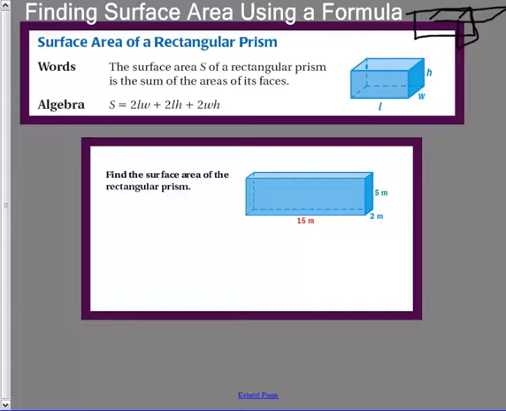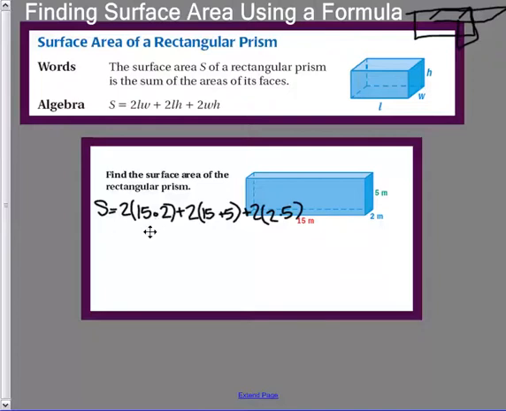All right, so let's try this one. Find the surface area of the rectangular prism. We've got the formula listed here, so we need 2 times the length times the width, which would be 15 times 2. We're going to add to that 2 times the length times the height, which would be the front and the back sides. And then we need 2 times this side, which would be 2 times 5, and this side, so 2 of them again.